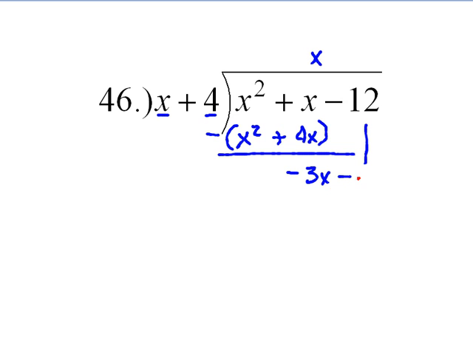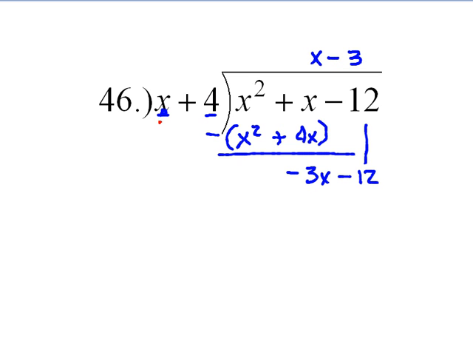Now remember, bring down your next term. Alright, now you do the same thing. What times x gives us negative 3x? Negative 3, right? So again, I'm going to strategically locate that above the number.